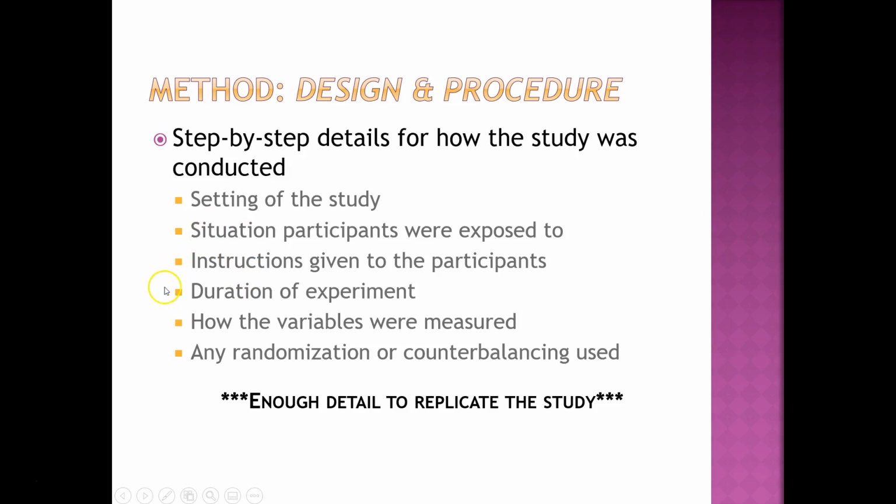So this is like the recipe: exactly what you said to the participants, how long the experiment lasted, how you operationalized and measured the variables, and enough detail so someone else could do exactly what you did.